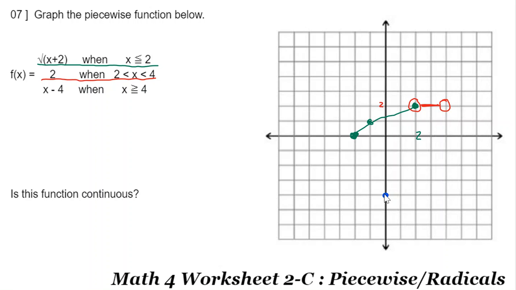I'm going to start from down here. 1x minus 4 means a slope of 1, up 1 over 1, up 1 over 1, up 1 over 1, and so on. But we don't pick up until we get to 4. X is 4 there. And we're still doing up 1 over 1, up 1 over 1, and so we're going to go off in that direction. And we can erase these guys.